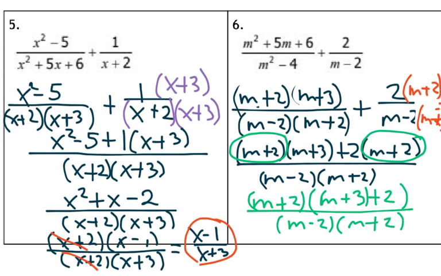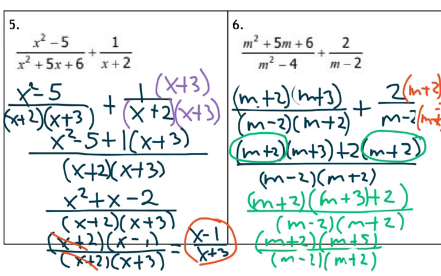And of course we can simplify that more, and we're going to get m plus 2 times m plus 5 if we add 3 and 2 together, over m minus 2, m plus 2. I switched them, but okay, let me write them backwards. So the first one was minus, the second one was plus.